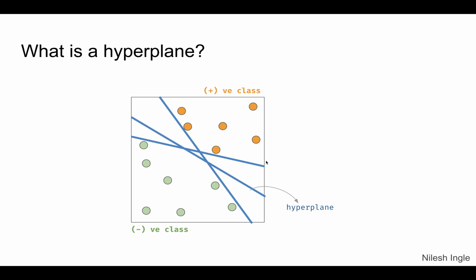Here are 3 lines that we can draw, and there could be an infinite number of lines. Each of these lines could be called a hyperplane. In general, the dimension of the hyperplane is one less than the dimension of the data set. Here we have a 2-dimensional data set, so the hyperplane would be 1-dimensional and hence a line. If it's a 3-dimensional data set, the hyperplane would be a 2-dimensional plane.